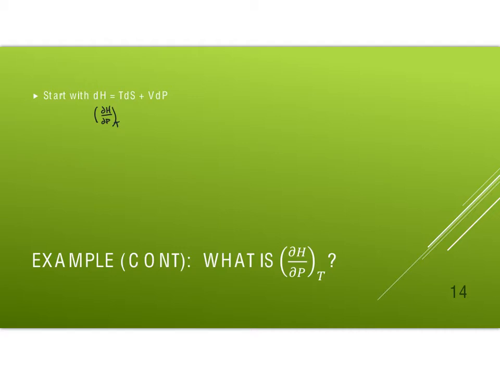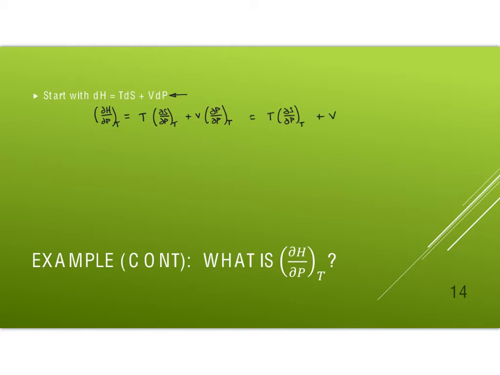But I can use the fundamental relation to say that this is equal to T times (dS/dP) at constant temperature, looking at the same change, plus V times (dP/dP) at constant temperature. Now, this first grouping maybe is not obvious to you what that means, but the second one, (dP/dP), how does pressure change with pressure? Well, that's 1. So this is equal to T (dS/dP) at constant temperature plus the volume.